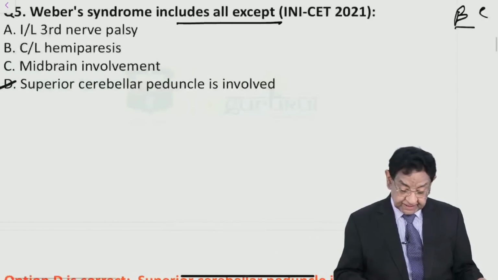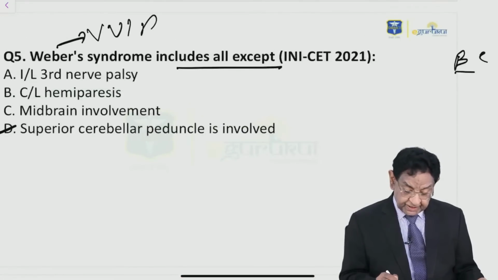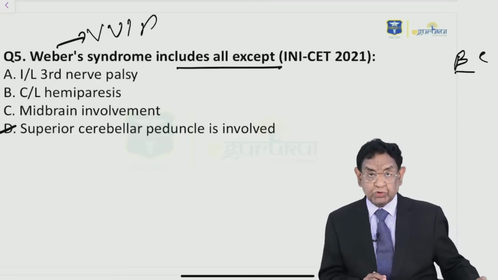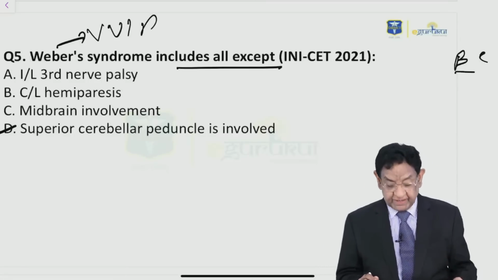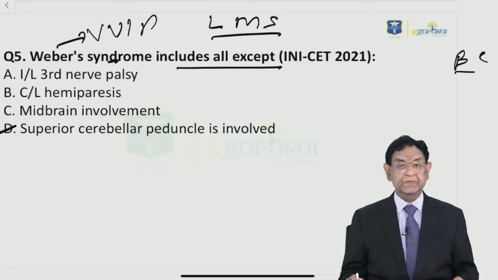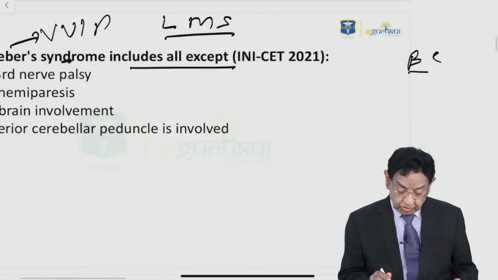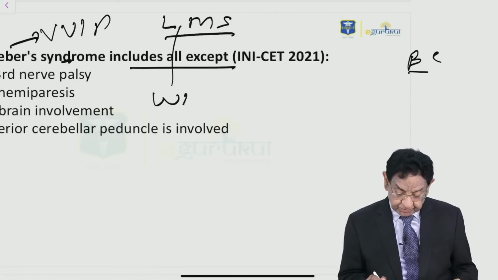Weber syndrome is a VVIP topic, a very frequently asked question. In stroke syndromes, 2 questions are very important. One is Weber syndrome, the other is lateral medullary syndrome, also known as Wallenberg syndrome.